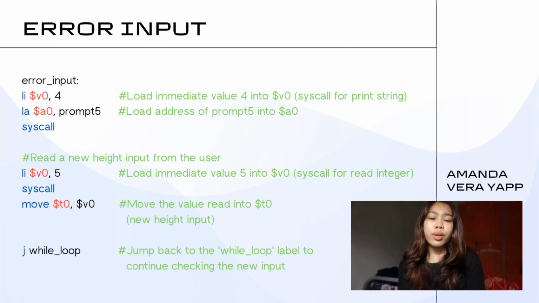To read the new height input, we need to use the immediate value 5 and then load into register V0, which is syscall for read integer. Then we do the syscall and move the value read into register T0 for the new height input. Lastly, we use while loop, which is jump back to the while loop label to continue checking the new input.